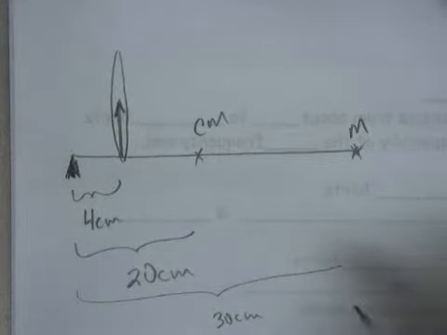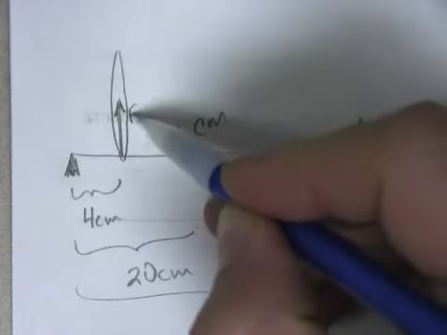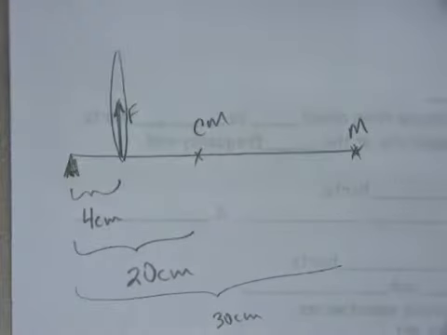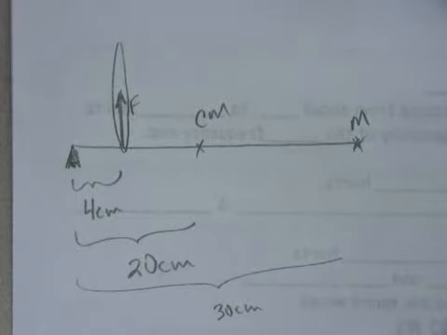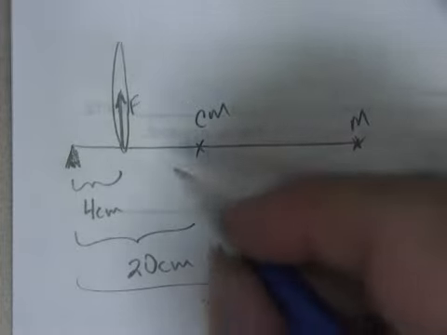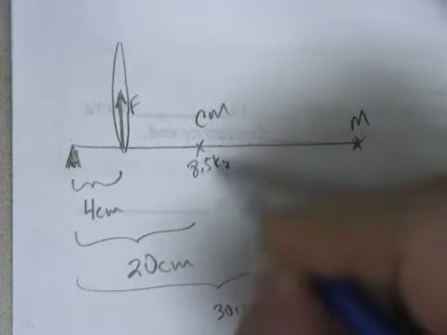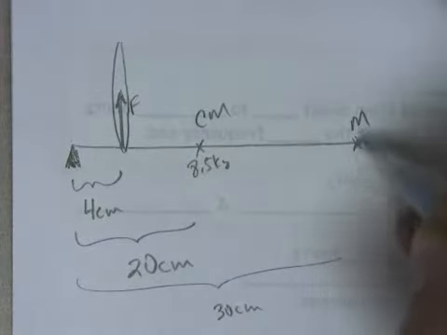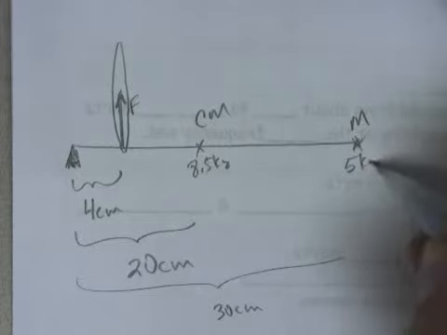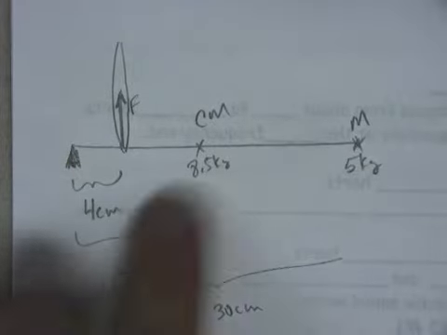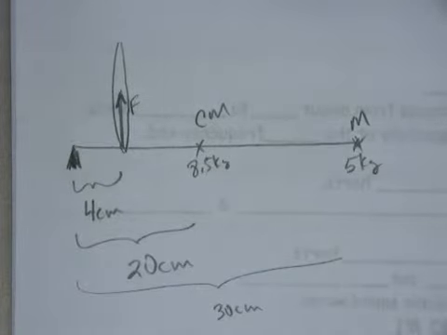What are we ultimately looking for? I think we're looking for the force that the muscle pulls up on the arm, and I need some other numbers here. This is going to be 8.5 kilograms, the mass of your arm, and the mass of the object in your hand is 5 kilograms as well.